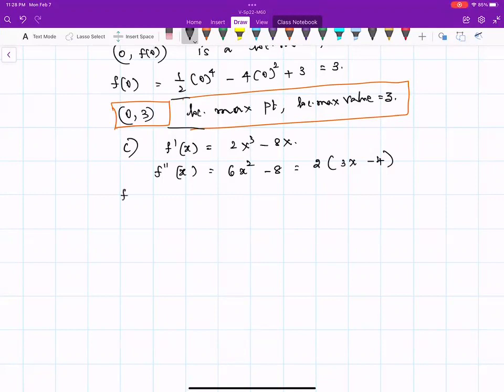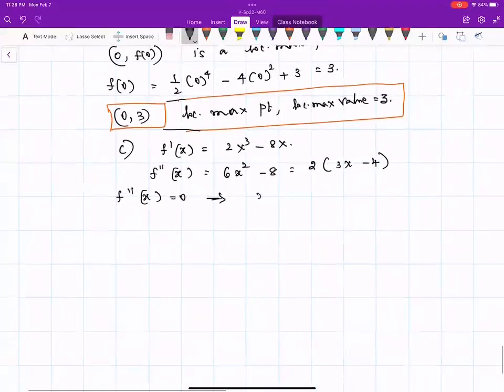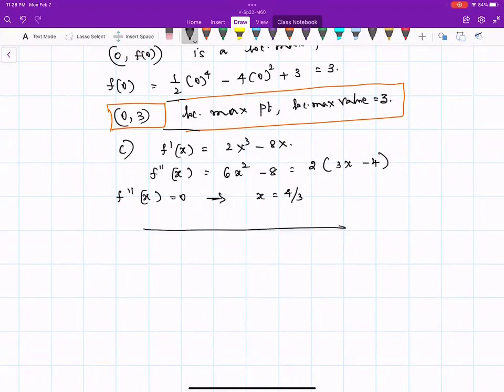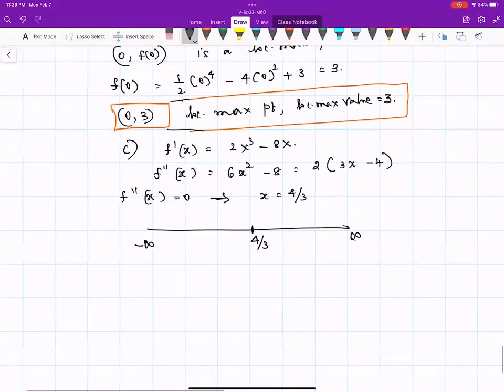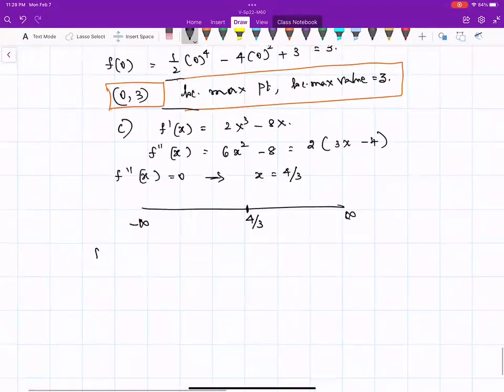If you set the second derivative to 0, you get x equal to 4 by 3. Now you are going to divide the interval at 4 by 3: one to the left of 4 by 3, one to the right of 4 by 3. What is the nature of f double prime in each interval?